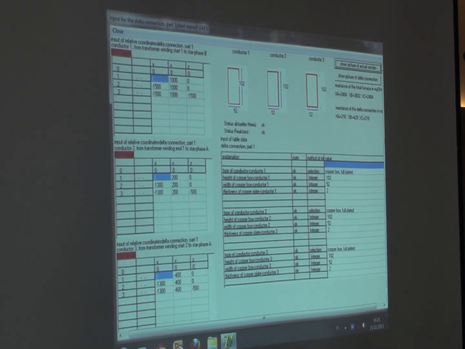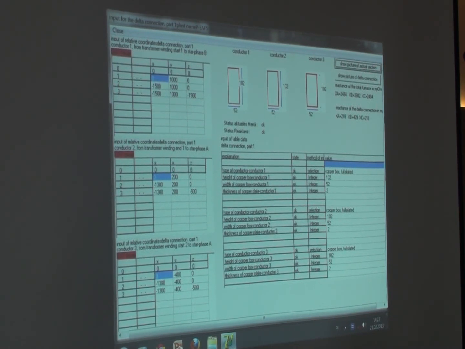I think this is correct. I will compare it with my paper. It's here.